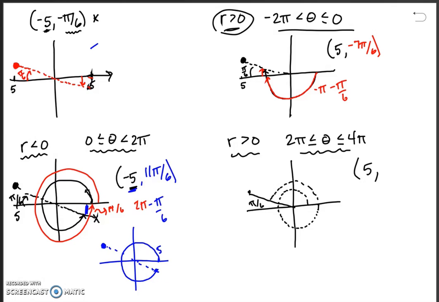So we know we've gone completely around, so that's 2 pi. And then we went an additional amount from here to here, which would be a total of 5 pi over 6. So if I take 2 pi and add 5 pi over 6 to that, I get my rotation as 17 pi over 6.